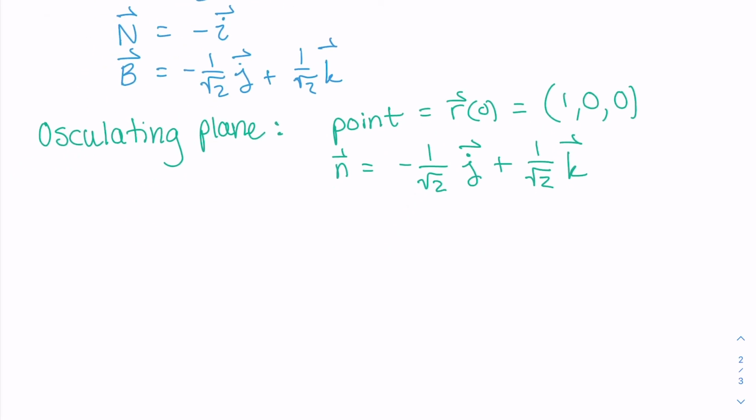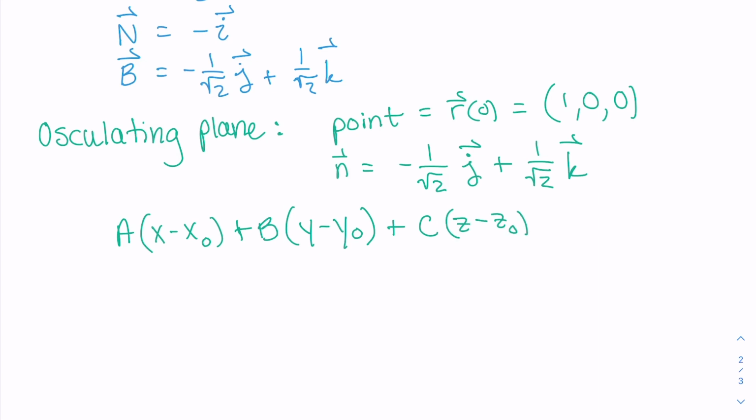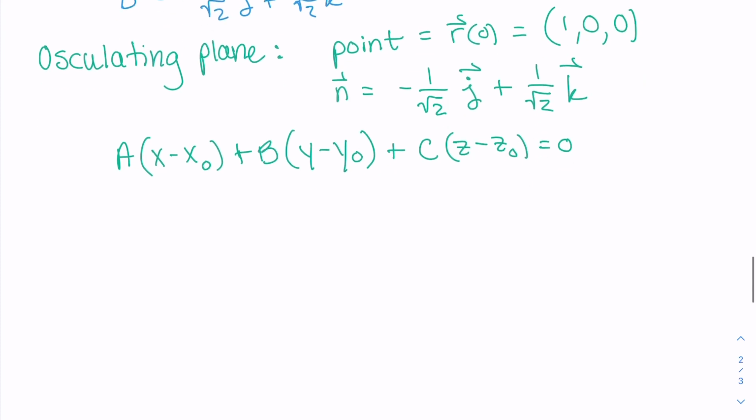The plane equation is a times x minus x naught plus b times y minus y naught plus c times z minus z naught equals 0, where a, b, and c are the components of your normal vector, and x naught, y naught, z naught are the point you're evaluating the plane at. Let's plug those in to get the specific plane equation.